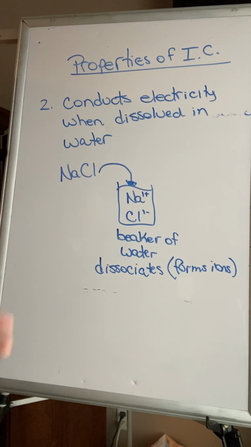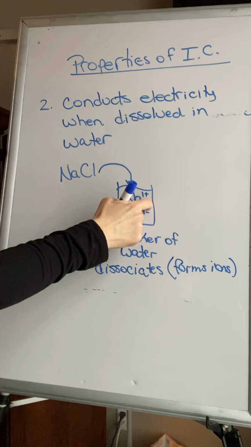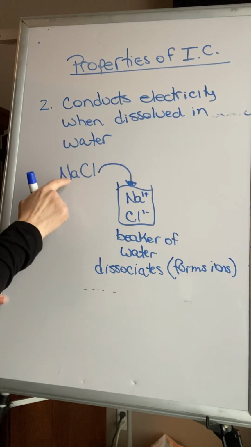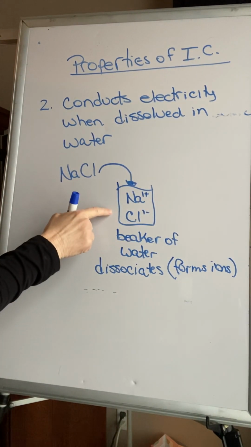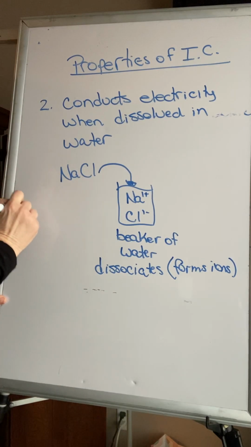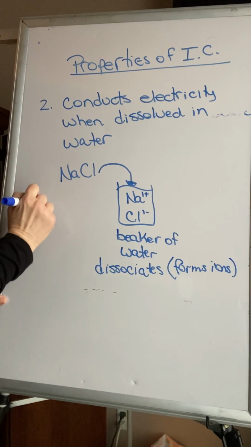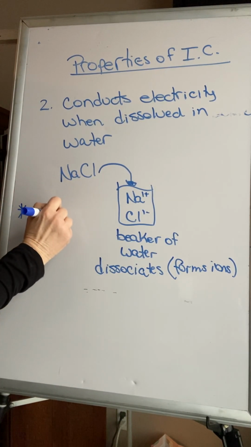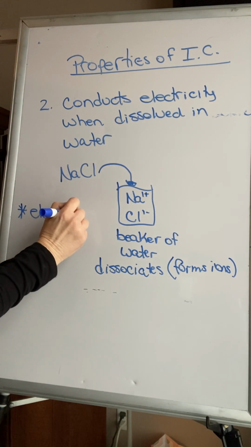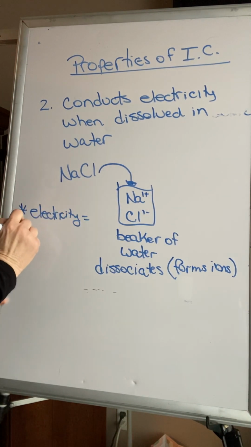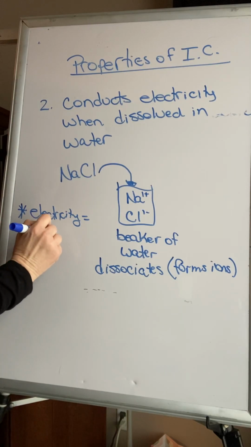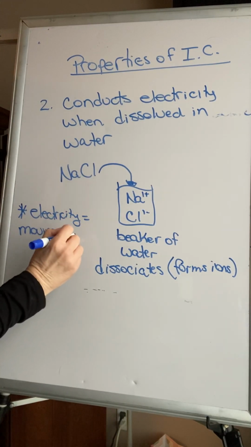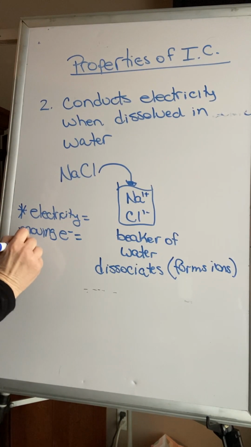We have electrons in the solution, okay? So the reason why this conducts electricity, but this doesn't, is because we have ions here. So we're going to say electricity equals moving electrons, which equals ions.